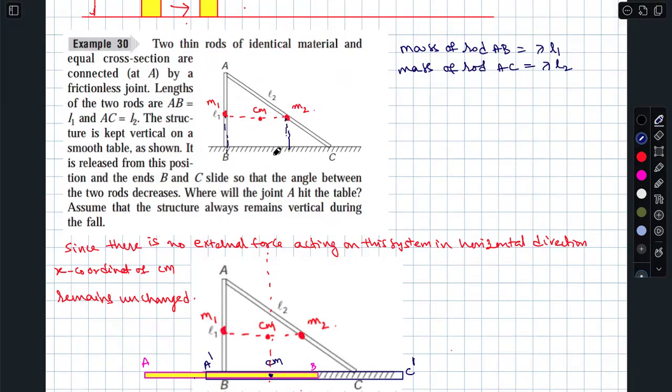I want this distance, assume that I am projecting here, BD. What is BD? I want BD here. What is BC first of all?